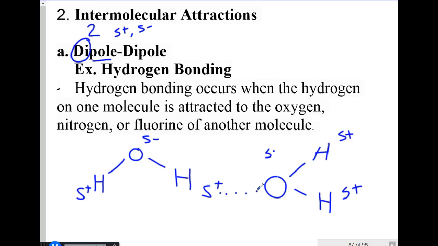It's not the same type of bond as the ones holding the O's and H's together within the water molecule. It is a weak bond between two different water molecules. So a hydrogen bond occurs when hydrogen in one molecule is attracted to something in another molecule. It has to be oxygen, nitrogen, or fluorine, because those things are higher on the electronegativity scale.